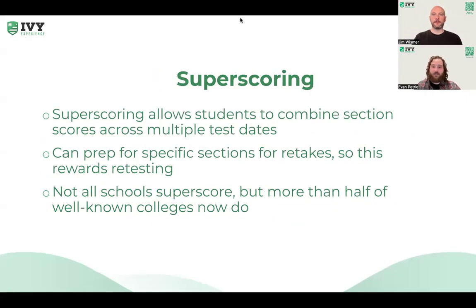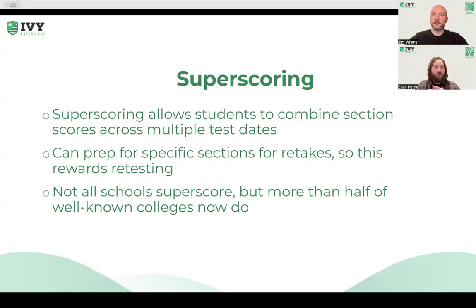One of the last things I'll talk about today is superscoring. Superscoring is a great tool for students to put their best self forward on their college applications. I'll give you an example. Let's say a student takes the September SAT and the October SAT. In September, they score 1300: 700 English, 600 math.